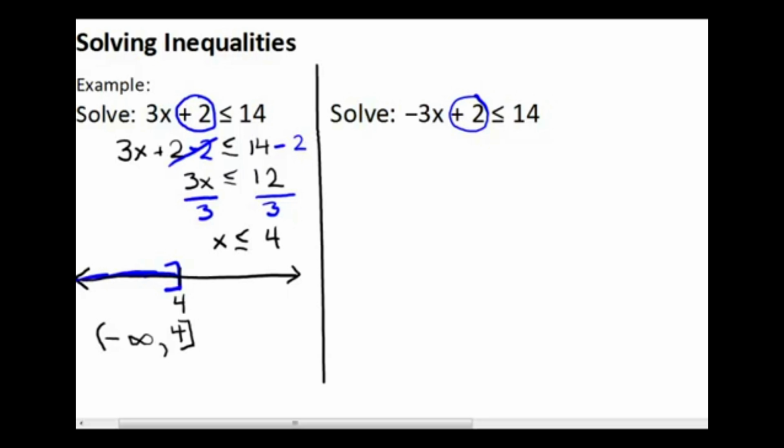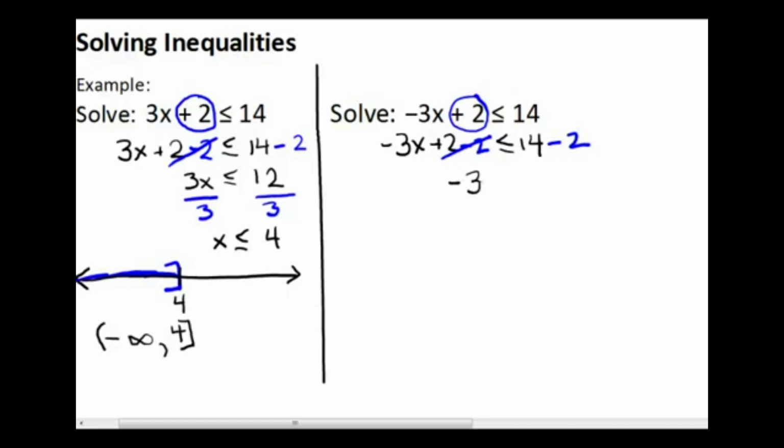It's added, so we're going to take it away from both sides. Then we'll clean up.